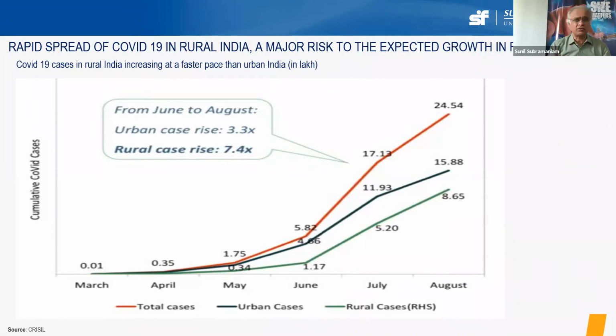The sentiment around Diwali will not be great if at least one member of your family has got the infection, or your neighbors have got it; the move to spend will not be there. And the third major risk is that if this goes really fast, governments may reintroduce lockdowns, which may help in containing the virus but will damage the economy further. So please keep track of the rate at which these rural cases are rising.